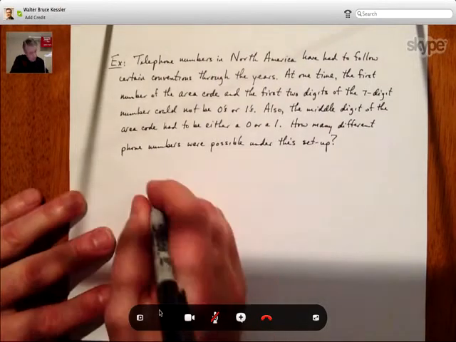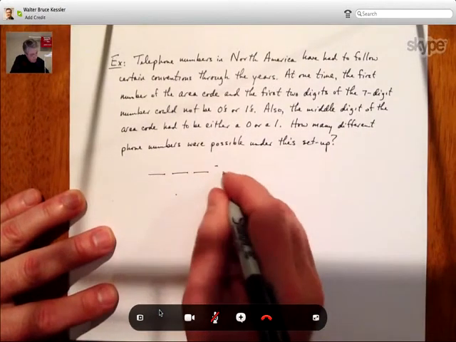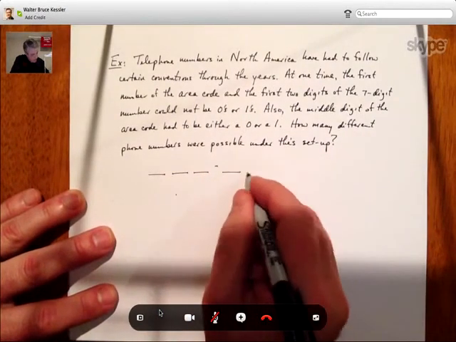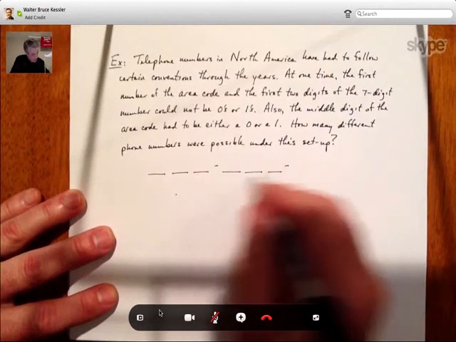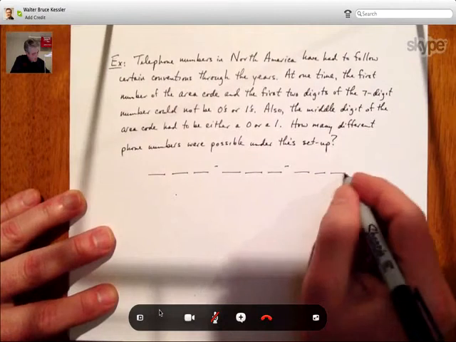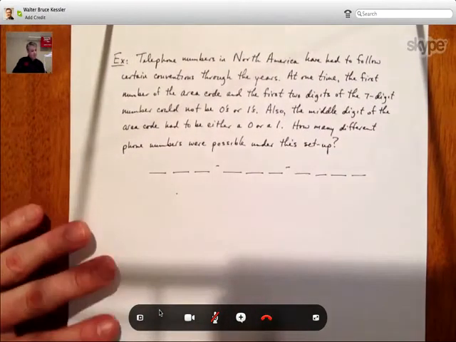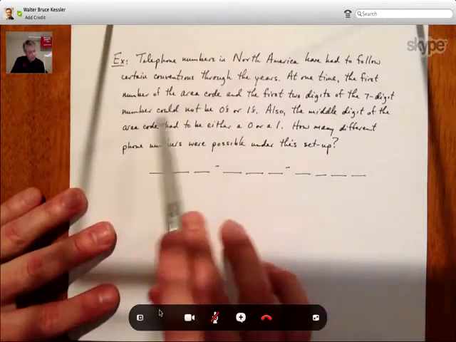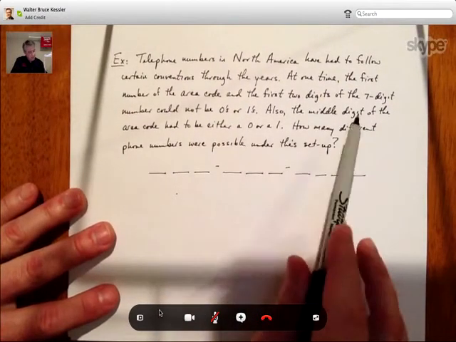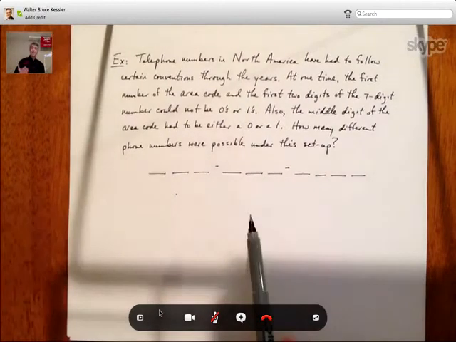So the way I tend to think of this is, let's fill in the blanks here. There's the area code, then the 7-digit number, first the 3-number prefix. Let's think about how many things are possible. Under this scheme, the first number of the area code and the first 2 digits of the 7-digit number could not be zeros or ones.